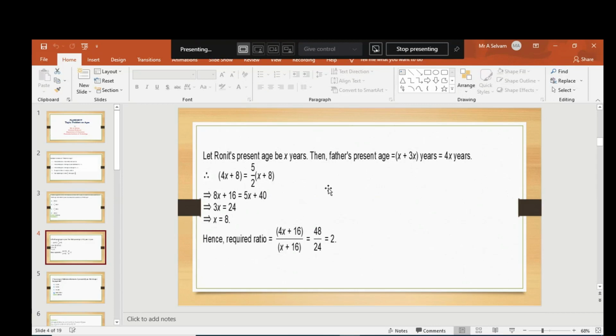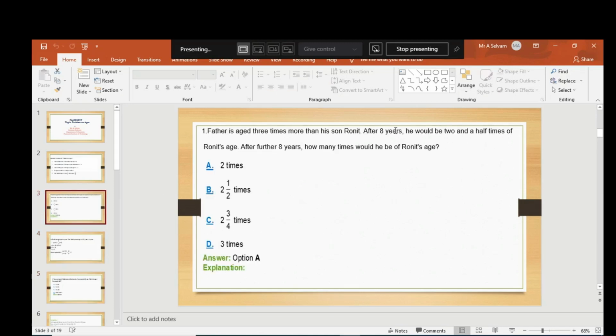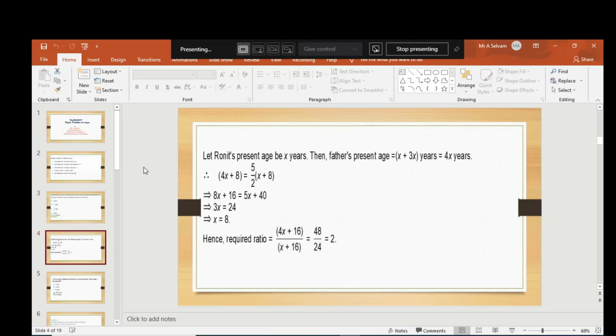First of all, ratio means father divided by son. Father's age we can consider 4x. After 8 years, then again after a further 8 years, so overall 16 years.